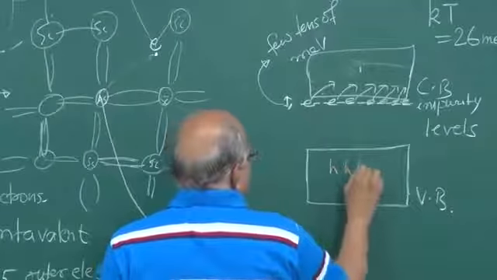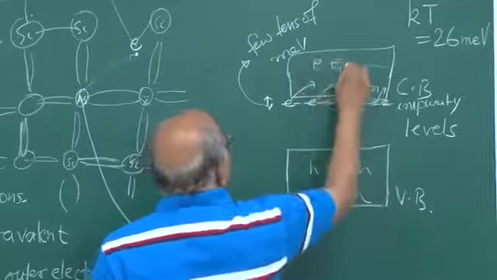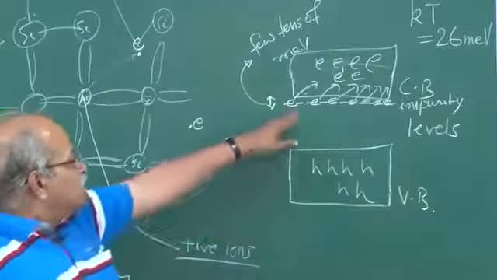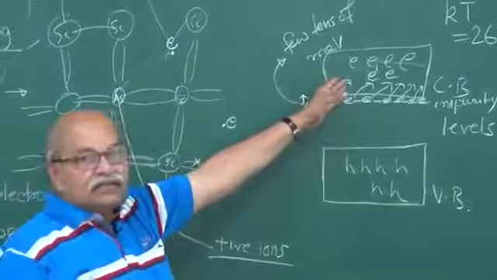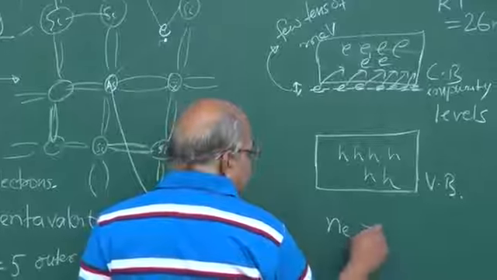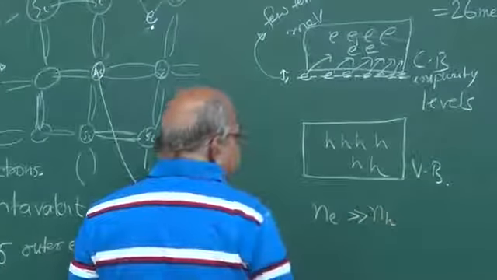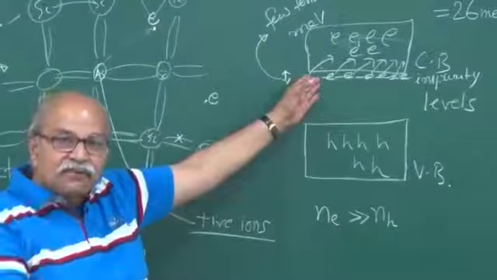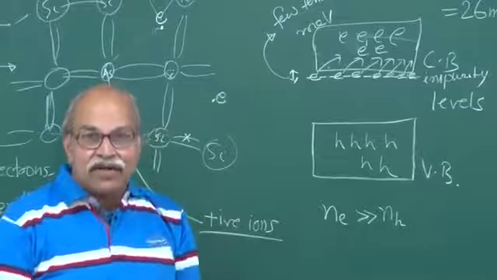Okay, so to start with, there were some holes and an equal number of electrons, but then because of these impurity levels, these electrons have gone here, and so Ne is much greater than NH. How much greater? That depends on how much impurities we have doped, what fraction of the total is arsenic.